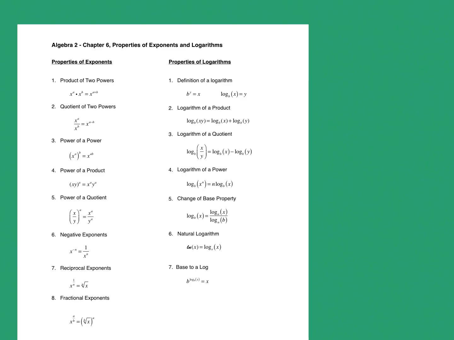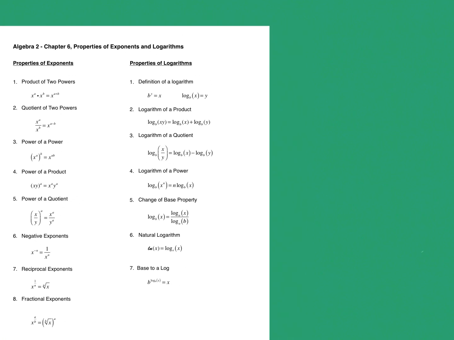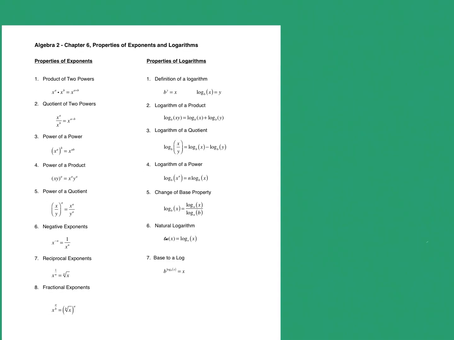And these properties are really powerful, and we'll show you how to work some of the homework problems using these properties today. But before we jump into the homework, I'm just going to go through these properties really quickly and one at a time, at least these first 5 of the properties, because you're going to need all of these to be able to do your homework.